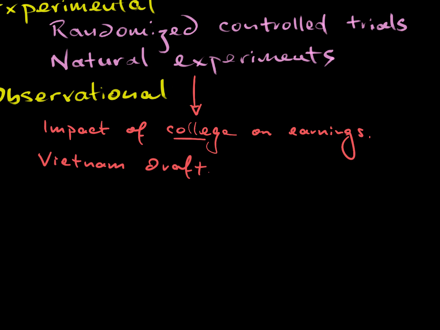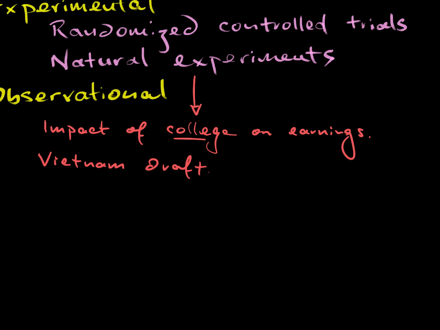Back when your granddads were about college age, there was a war going on in Southeast Asia, and it was not very popular, and for some reason young men were not voluntarily signing up to go off to Southeast Asia to get shot at. So the government started drafting people.